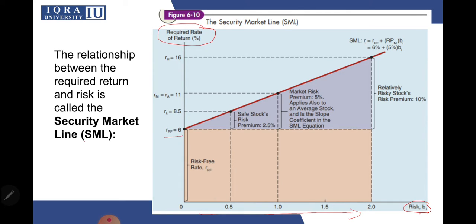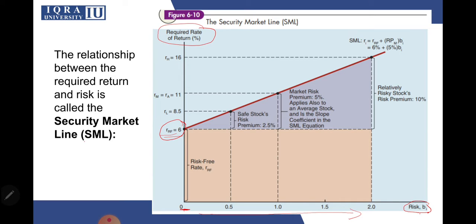And if you look at the values, these are actually the same values that we have already calculated ourselves in example number 2. So over here the risk-free rate is 6%, and because it is a risk-free rate, the market risk over here is 0, so it has a beta coefficient of 0.